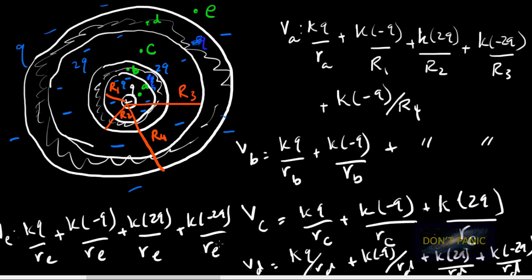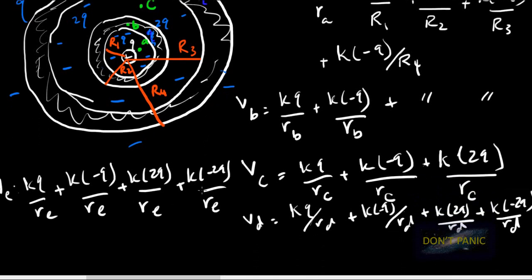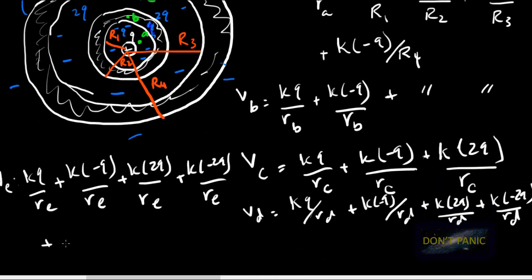So all these terms cancel anyways. The negative 2Q is this one, and then you're left with the negative Q that's on the very outside, so this becomes plus K times negative Q over RE. So this is the only term that survives.